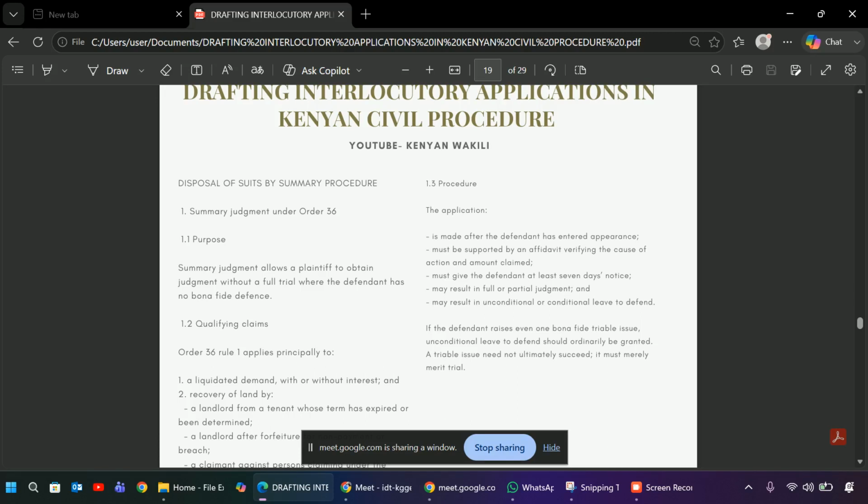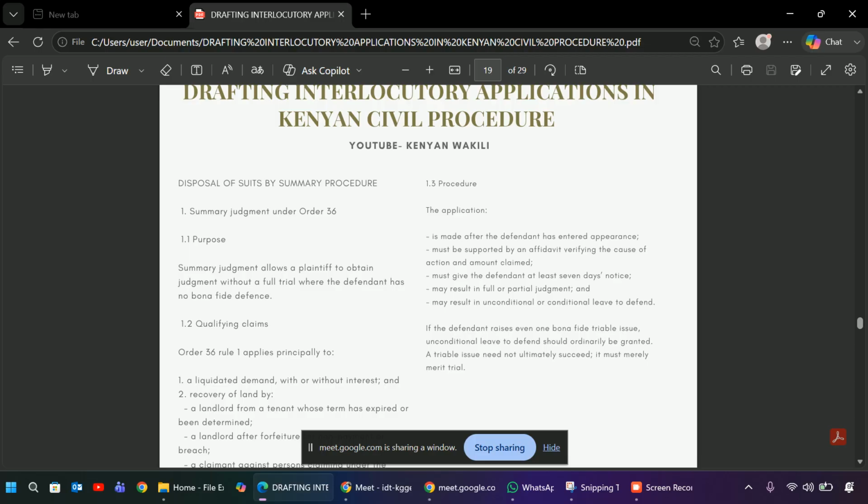Before I start to overthink, let us read the purpose of summary judgment procedures. Take note that this is provided under order 36 of the civil procedure rules. The purpose is that summary judgment allows a plaintiff to obtain judgment without a full trial where the defendant has no bona fide defense.